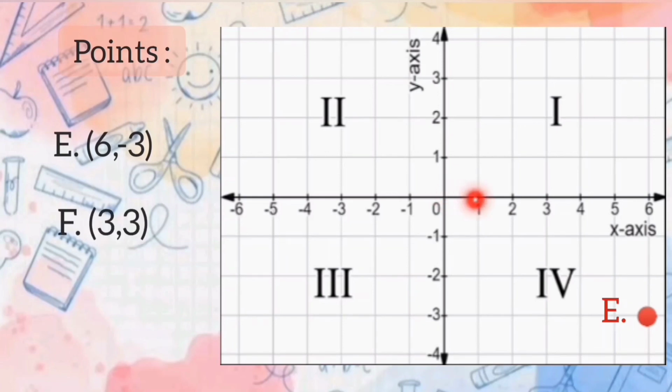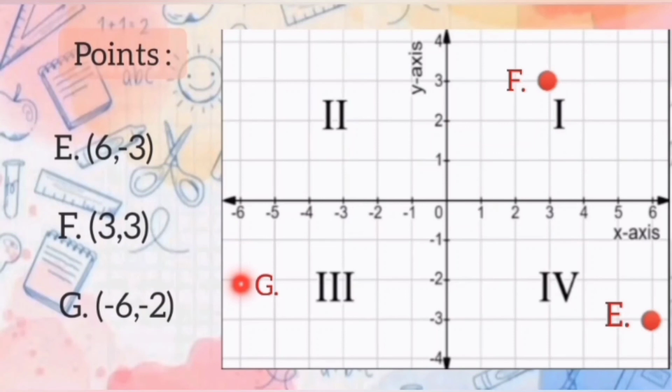Now, we will plot our point F. Our point F is located in quadrant 1. The last one that we are going to plot is point G, which is negative 6 and negative 2, located in quadrant 3. And that's all. Just always remember that when you're plotting a point, start first at the origin.